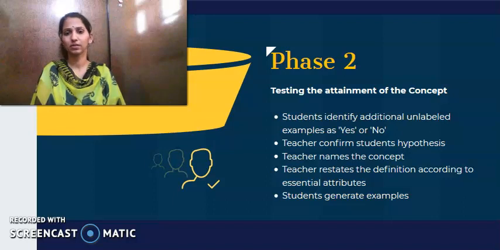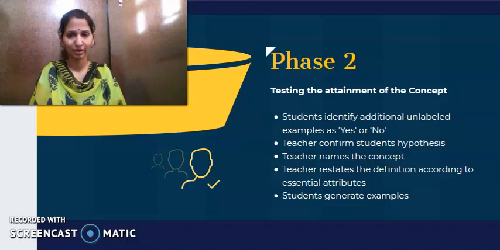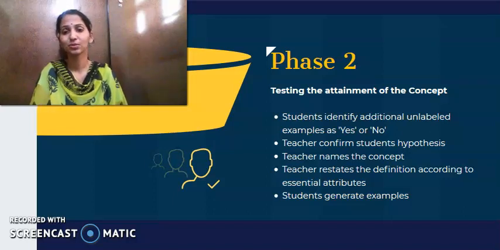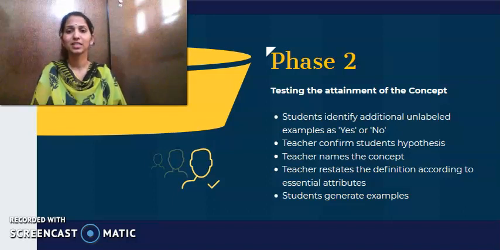and then the teacher herself or himself presents the name of the concept. In the whole process, naming the concept doesn't become so important, but what becomes important is the definition or the whole explanation of the concept and its attributes. Next, after presenting the name of the concept, the teacher asks the students to define the concept once again and helps the students restate the concept according to the essential attributes.